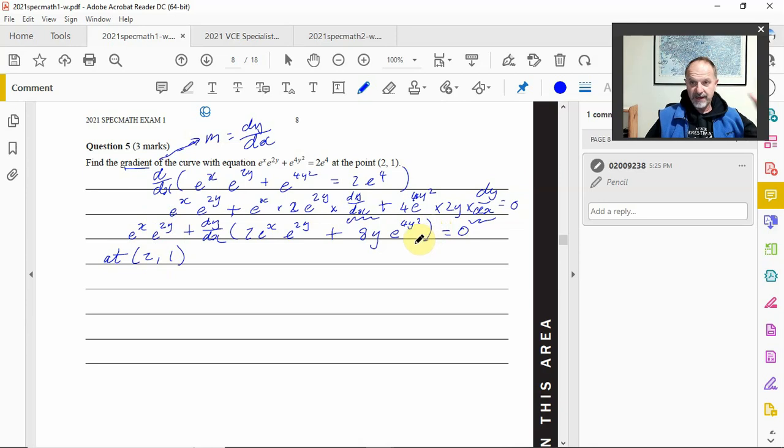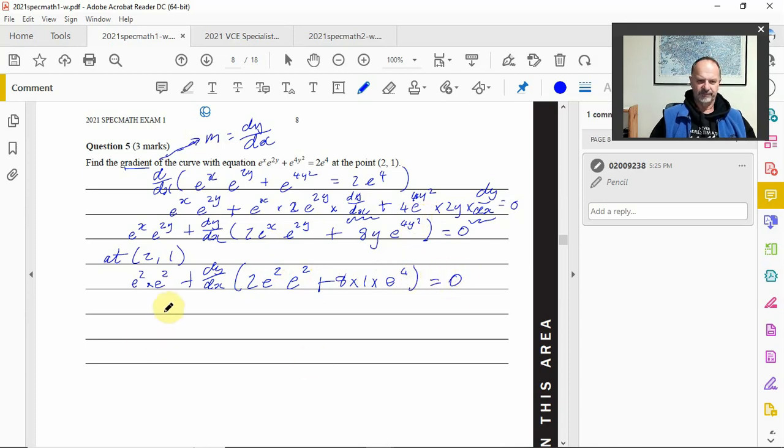We may need to rearrange it later, but let's see what we get. We get e to the 2 times e to the 2y, 2 times 1 is 2, plus dy/dx, 2e to the 2, e to the 2, plus 8 times 1 times e to the 1 squared, which is 1, times 4, equals 0.